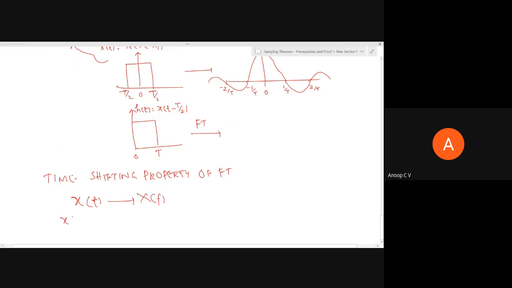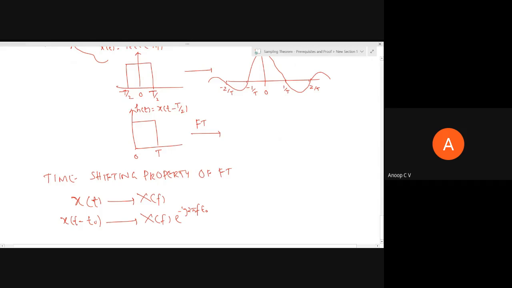Then the Fourier transform of x of t minus t naught will be x of f into e power minus j 2 pi f t naught. So this is the time shifting property.